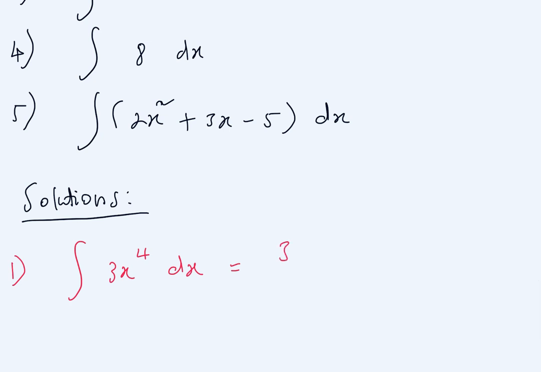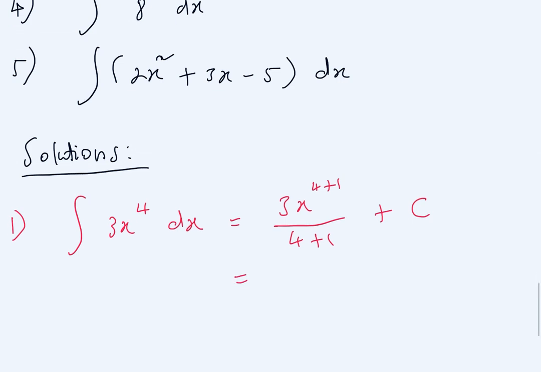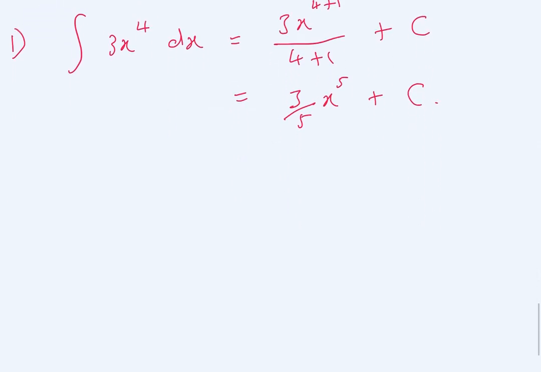So this will be 3x to the 4 plus 1 over 4 plus 1 plus an arbitrary constant c. If you simplify it, this is equal to 3 over 5 multiplied by x to the power 5 plus the arbitrary constant c. That's the answer for that one.